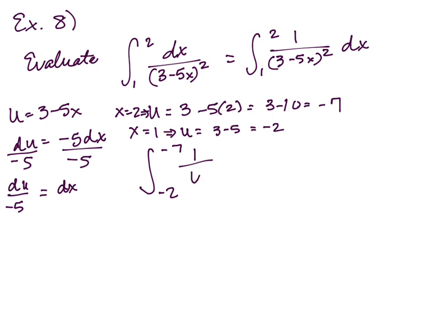Okay, so we got 1 over u squared times du over negative 5. Could call that negative 1/5 times the integral from negative 2 to negative 7. Y'all want to call that u to the negative 2 now? I scared you into not wanting to do that because of the negative 1.